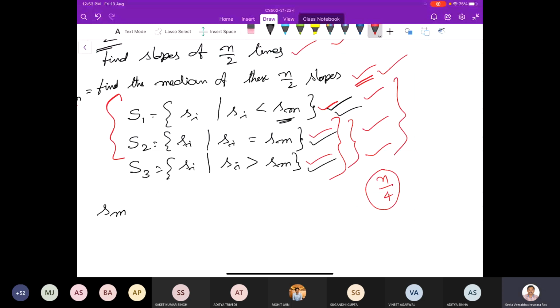That also takes the same time, but here it does not use a median algorithm, and that I'll discuss in the next class on Wednesday, and it is a beautiful algorithm. It uses simple strategies: divide and conquer and gift wrapping, plus finding a tangent in logarithmic time. These three, and it is a very simple and very elegant algorithm, very easy to understand. That I'll discuss in the Wednesday class.